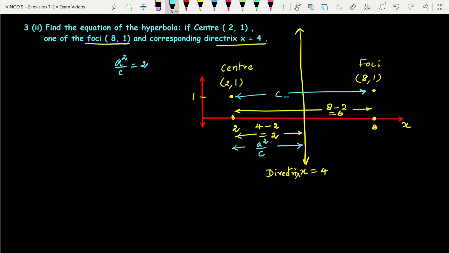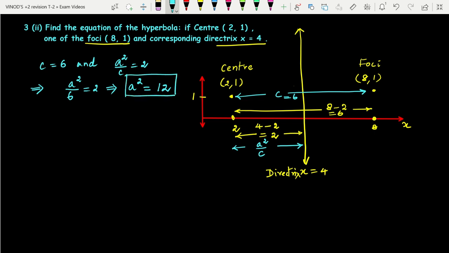So c is equal to 6. Substituting the c value, a square by 6 is equal to 2, which implies a square is equal to 6 into 2, 12. So a square value is 12.